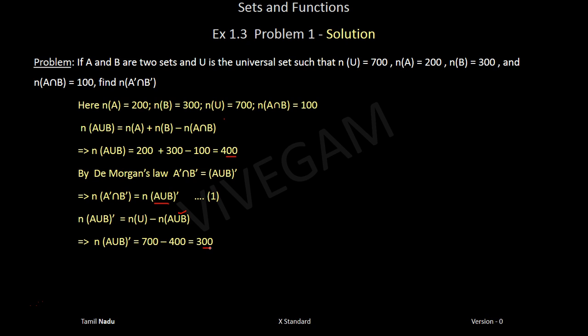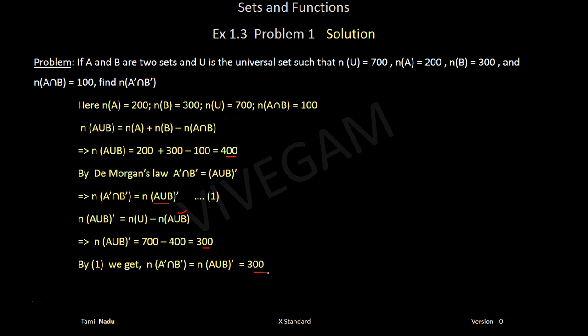So n of A union B the whole complement is 300, which is n of A complement intersection B complement as per equation 1. By 1, we get n of A complement intersection B complement is n of A union B whole complement, which is 300. Right? So that is the value of n of A complement intersection B complement.